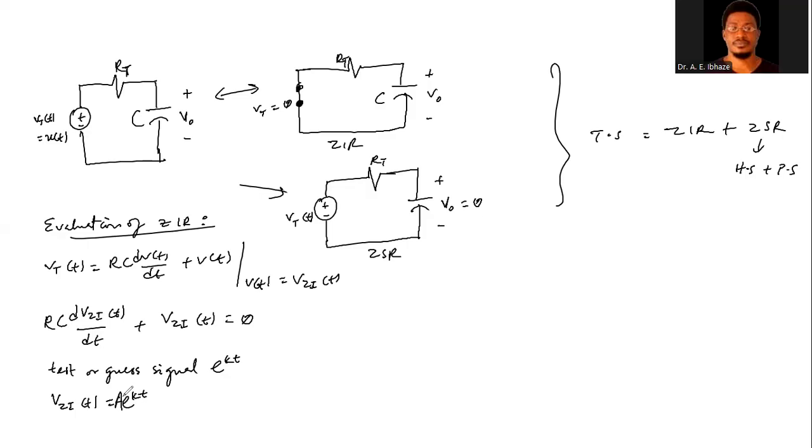Now, when we adopt a different approach to solving this problem, in the case of the parallel combination, we will derive this. So it's not just an assumption: once we feed the eigenfunction, say e^(kt), into an LTI system characterized by some parameter H(k), the output is going to be H(k) e^(kt).